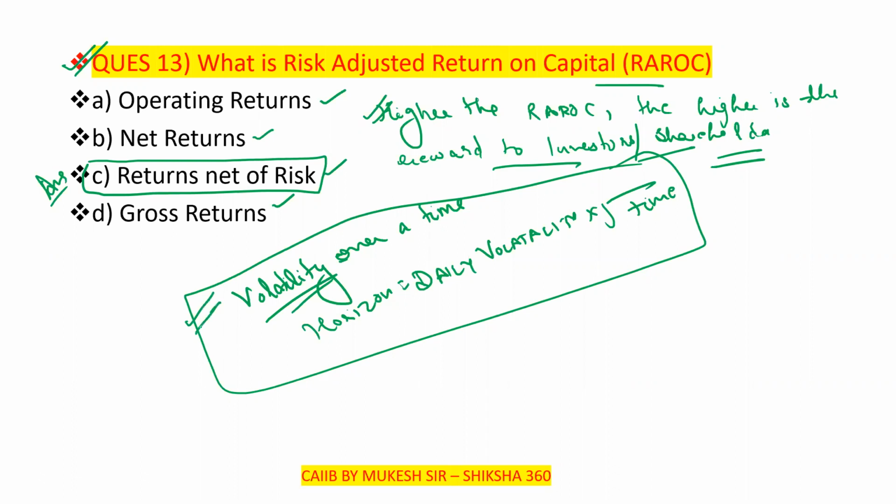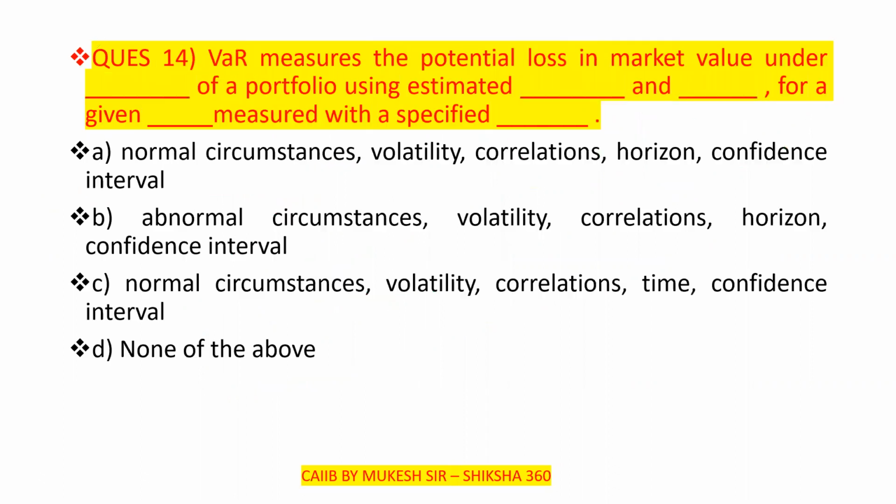Now move to the next question, question number 14. That is also from chapter number 11, value at risk.